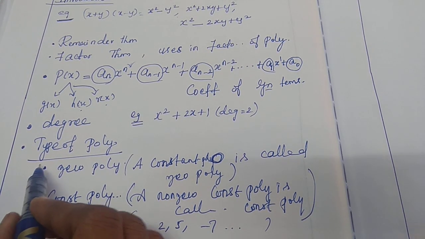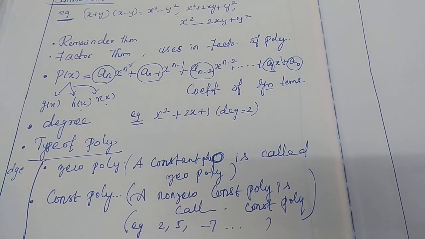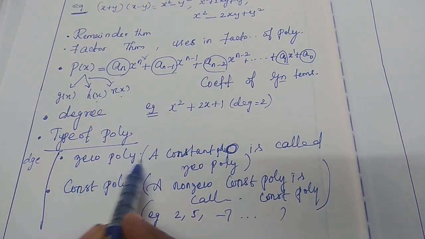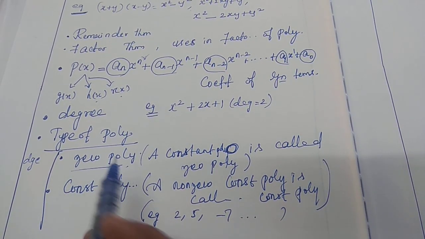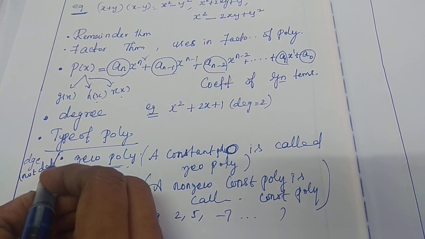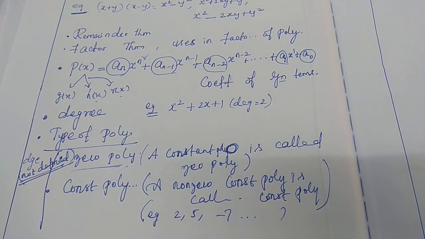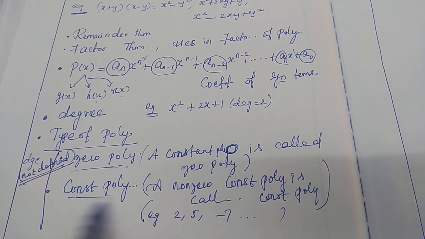Let us discuss their degrees. Degree of a zero polynomial is what? Degree of a zero polynomial is not defined. That is a very important one word. And the next important one word is for constant polynomial.